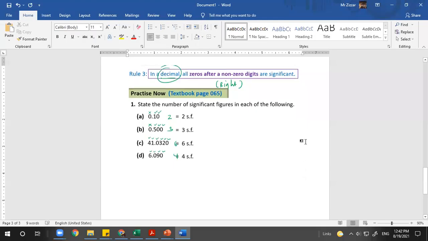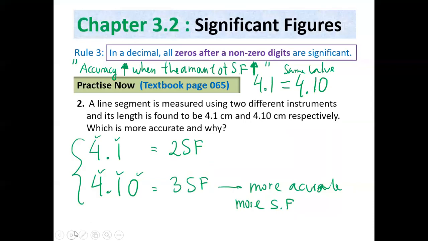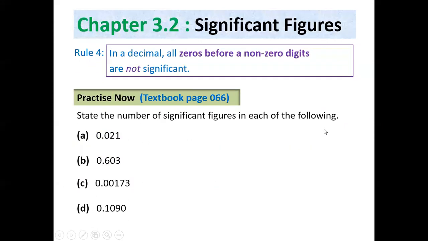There you go, same answer, right? State the number. In a decimal, all zeros before the non-zero digits are not significant figures. Cross out the digits that are not significant.